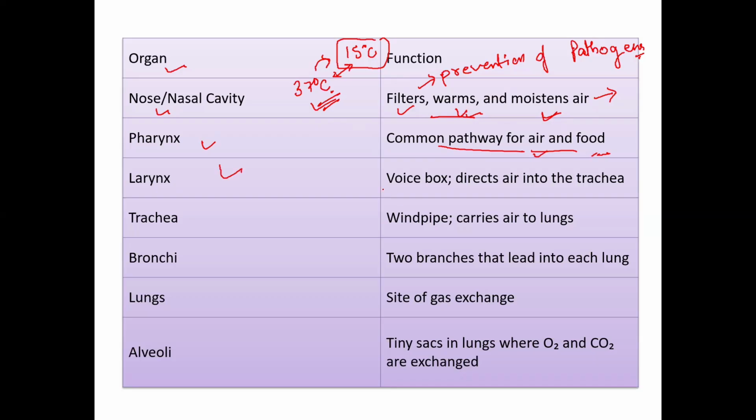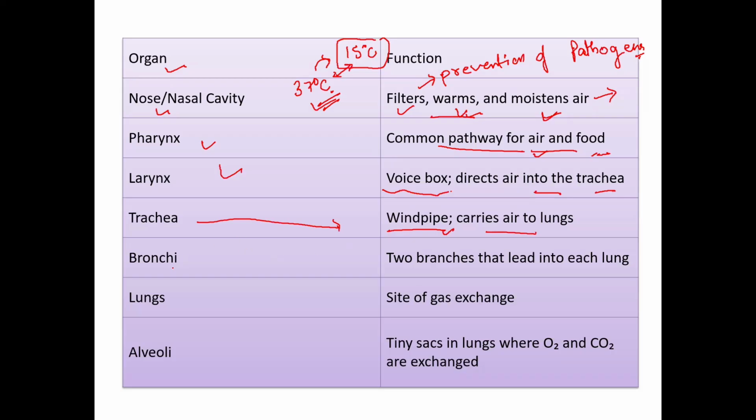The larynx is also called the voice box. It helps in generating the voice and directs air into the trachea. Then the trachea, the thin pipe called the windpipe, carries air to the lungs. Then the trachea divides into two parts.